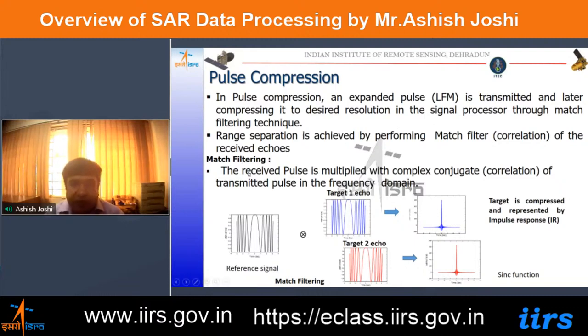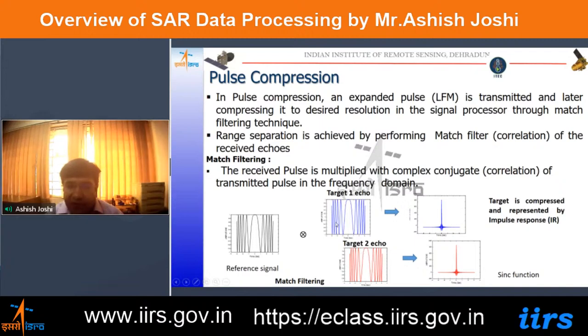What is matched filtering? The received pulse is multiplied with the complex conjugate of the transmitted pulse in the frequency domain. This is the reference signal, and this is the target 1 echo and this is the target 2 echo.